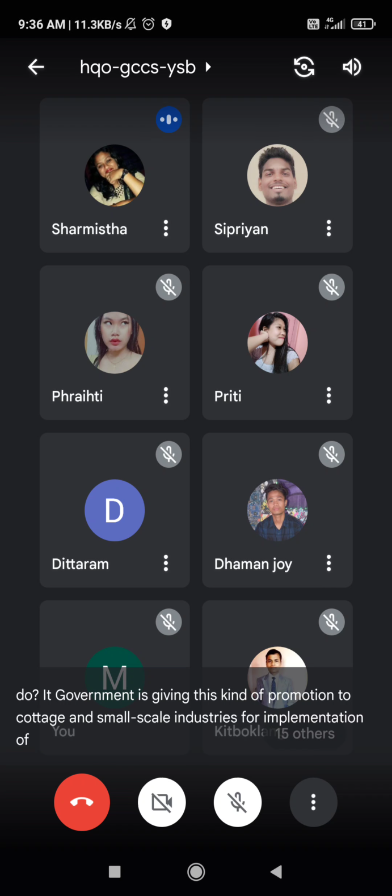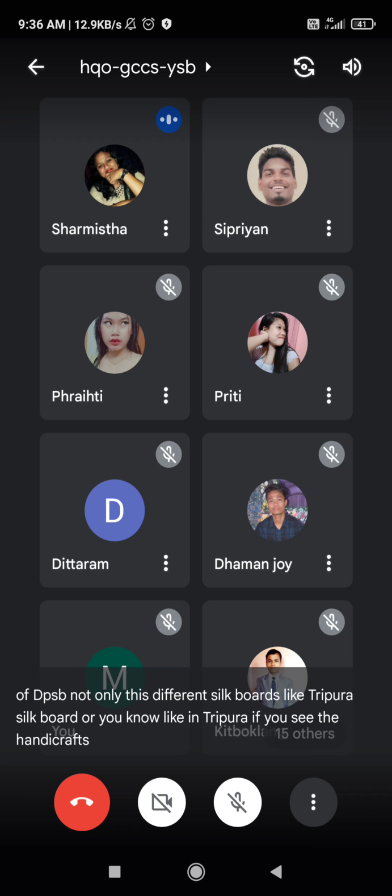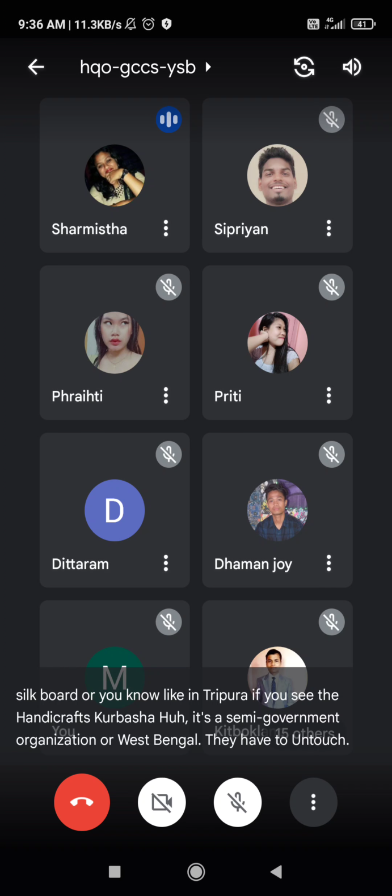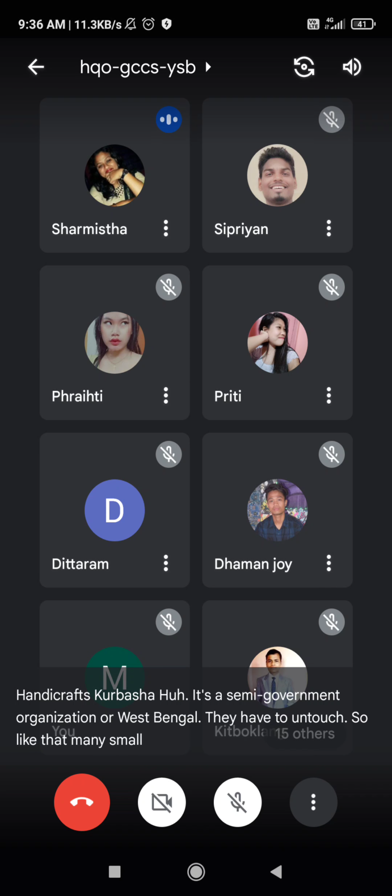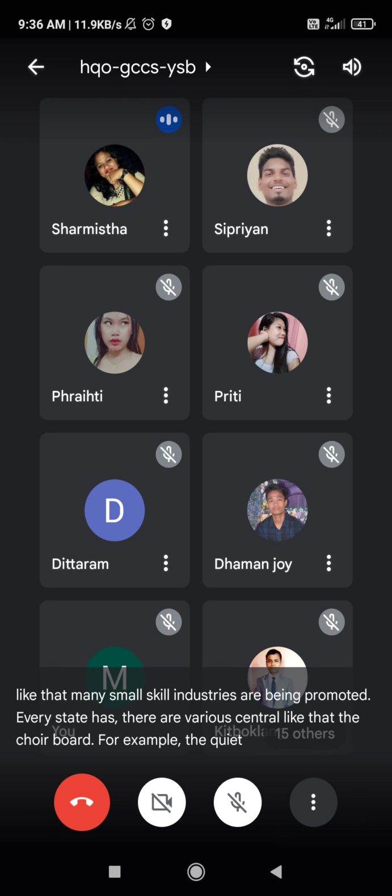Not only this, there are different silk boards like the Tripura Silk Board, or in Tripura, if you see the handicrafts, Purbasha is a semi-government organization, or West Bengal has Tantuja. Like that, many small-scale industries are being promoted. Every state has various central boards, like the Coir Board, the All India Coir Board.